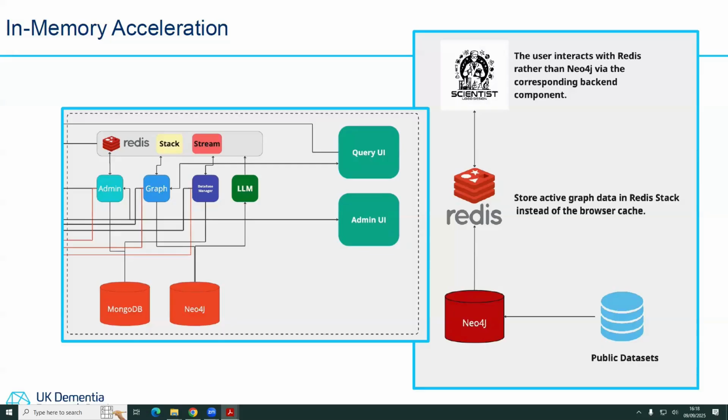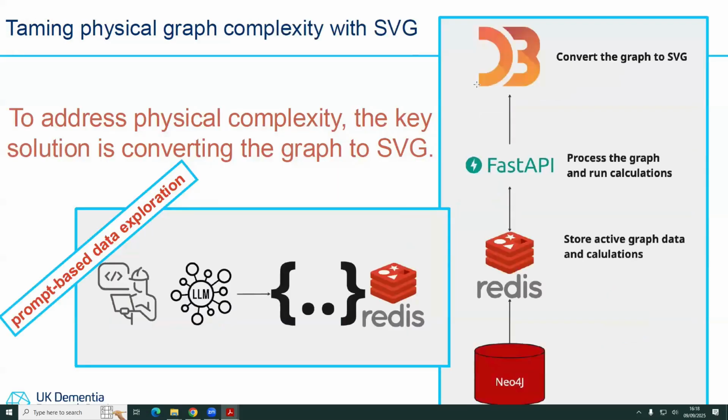Another trick that we did in DataMap was converting the graph to SVG, which resolved the front-end visualization bottleneck. Users, instead of interacting with different JavaScript or TypeScript components, interact with the SVG, which is more lightweight.